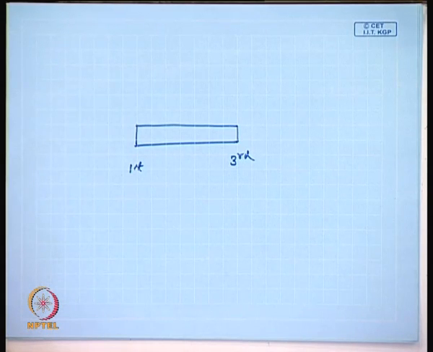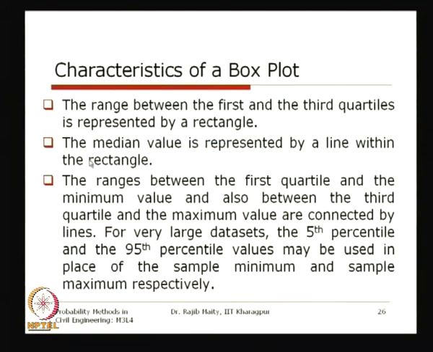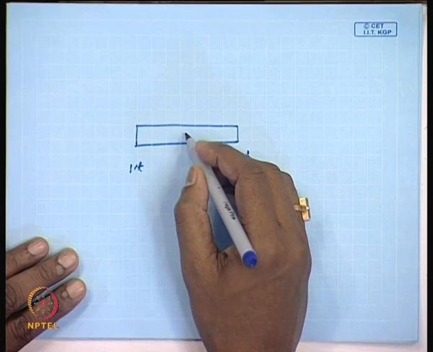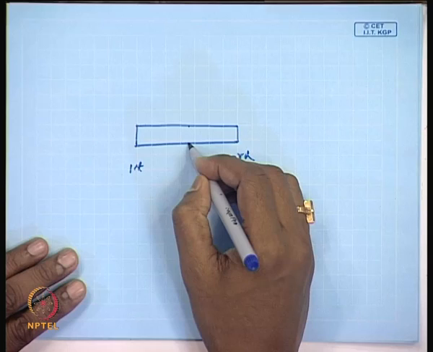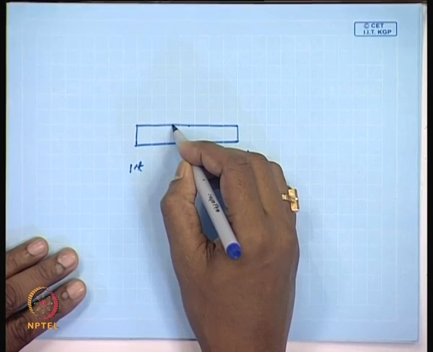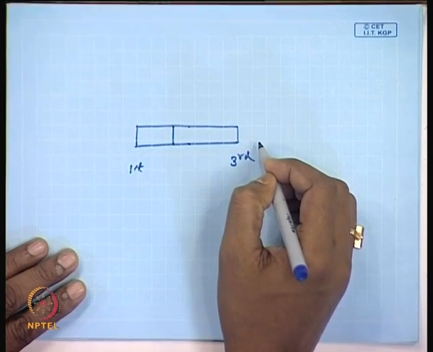Now the second step is that the median value is represented by a line within this rectangle. This median value is not necessarily exactly in the middle of this rectangle; it can be at any point, either this side or towards that side.